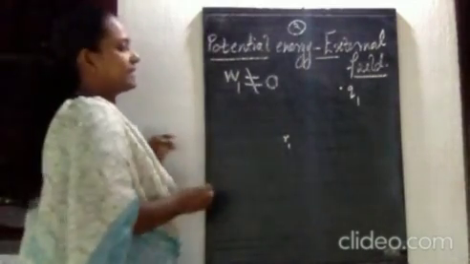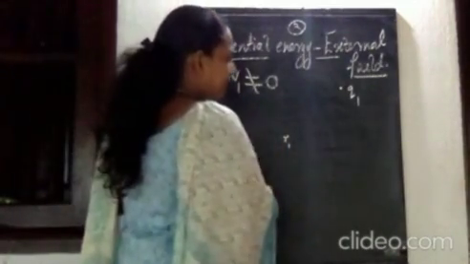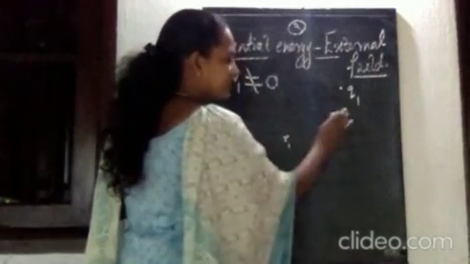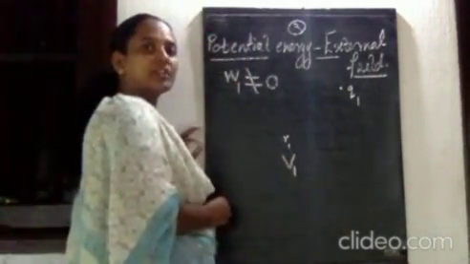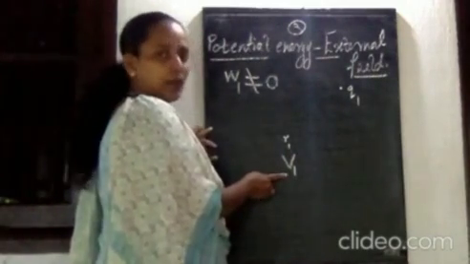And what will be the expression for work done? Whenever there is a field in this region, we know that there is a potential, and we can represent that potential as V1.